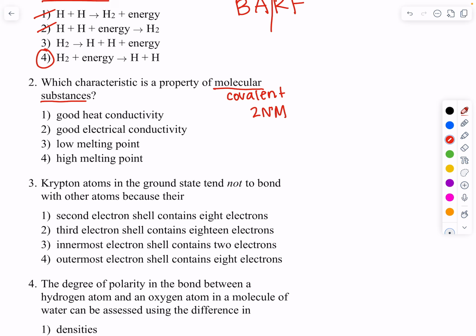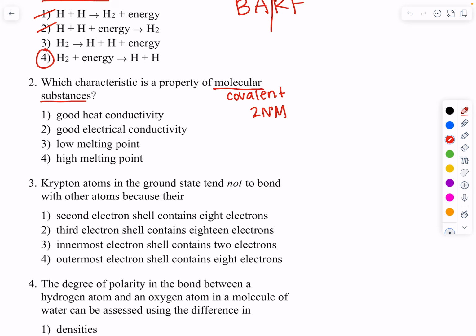They had very low melting points and boiling points. They are not very strong. It's stuff like water, like the gas CO2 in the air around us, that's covalent or molecular, versus something like salt. When you put salt in a frying pan, it takes a lot of heat to melt it.